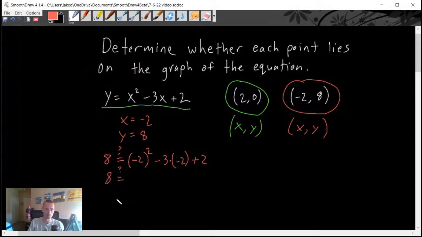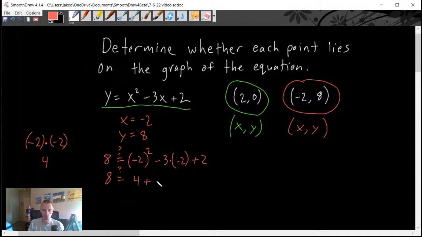Again, the left side, there's no simplifying to do. We just have one number. Negative 2 squared is the same as negative 2 times negative 2. Two negative numbers multiply to a positive, so the negative signs are going to cancel out. 2 times 2 is 4. So this term right here is positive 4. Negative 3 times negative 2: again, a negative times a negative cancels into a positive. 3 times 2 is 6.